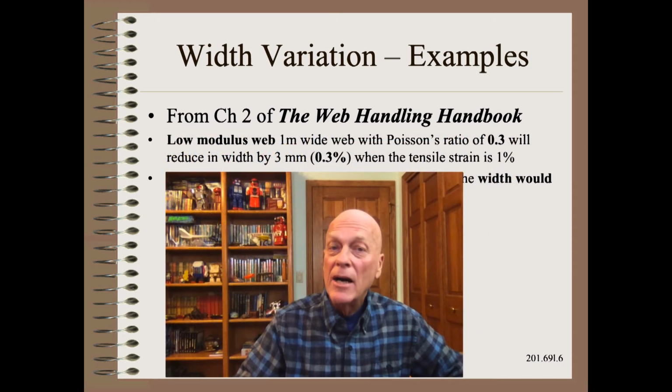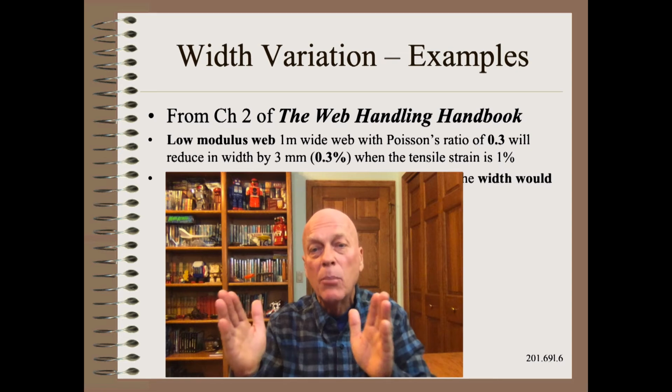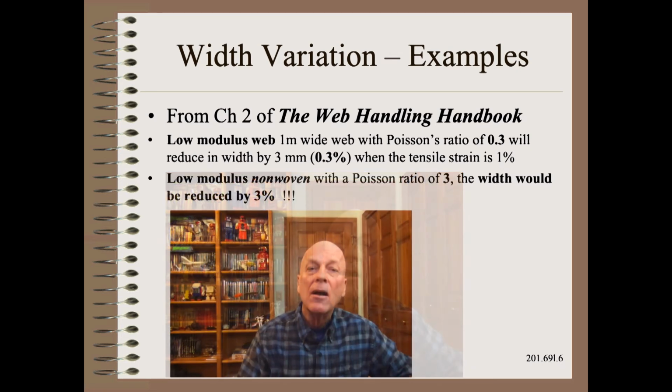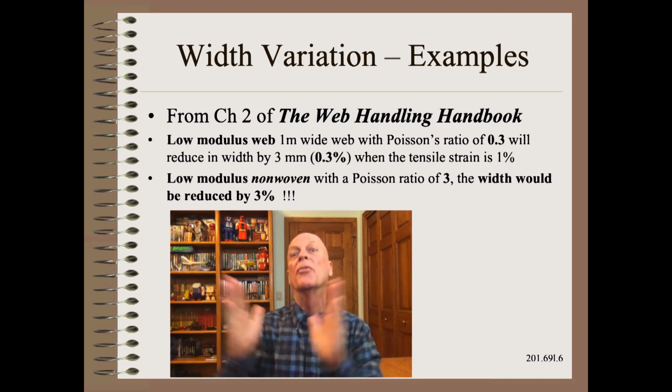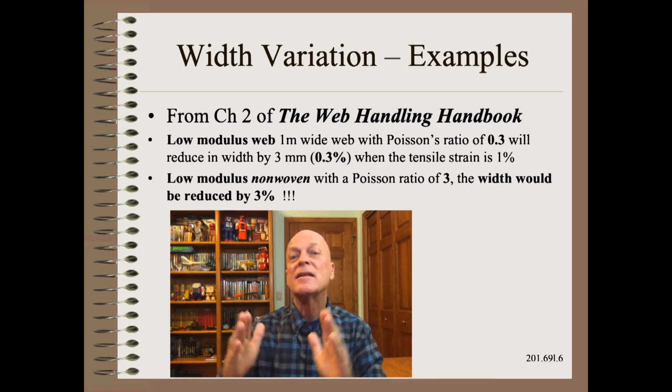For a low modulus web, tension will neck the web by only 0.3%. For a low modulus non-woven web, tension will neck the web by an incredible 3%. This is an in-your-face width variation under almost any situation.